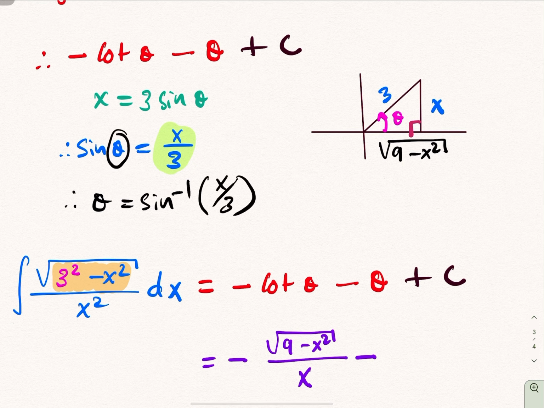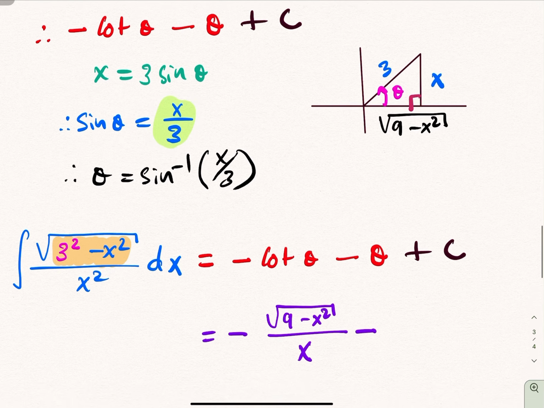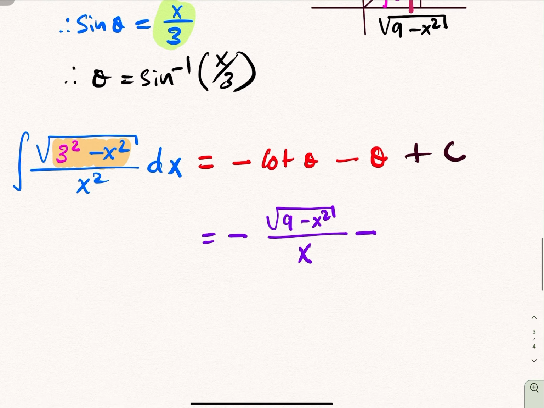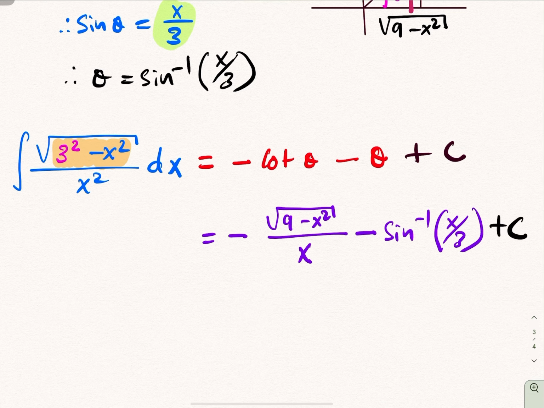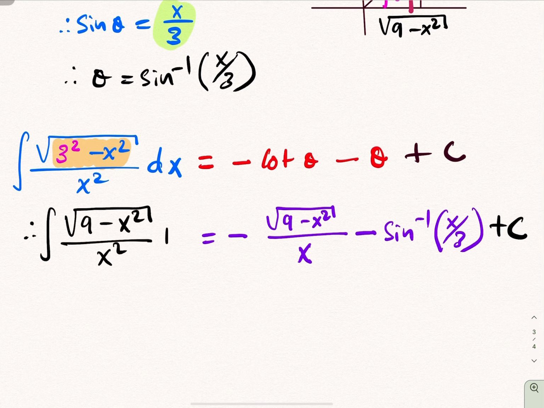So for theta, you get the inverse sine of x over 3. Remember, you still have your plus c just right there. So this will then give you the answer of the integral of 9 minus x squared divided by x squared dx.